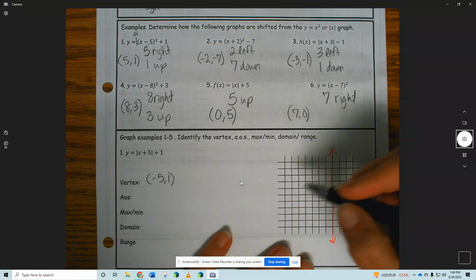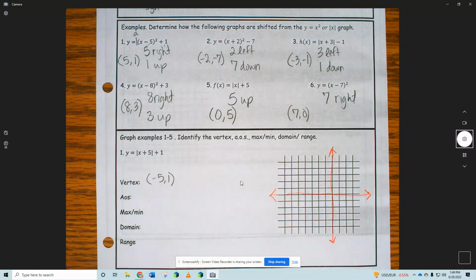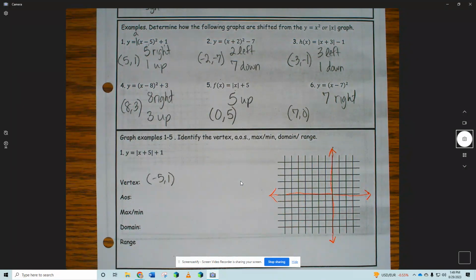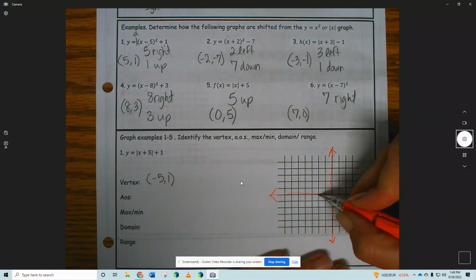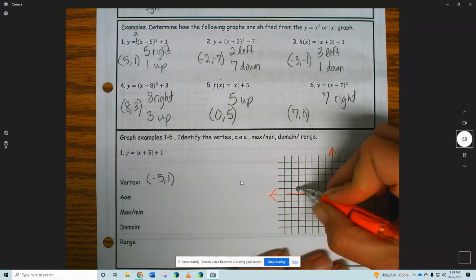I'm only going 1 up, so I don't need to do anything up or down. Otherwise, you'll run out of space and it'll be off the graph. Okay, 5 to the left: 1, 2, 3, 4, 5, 1 up. There's my vertex.